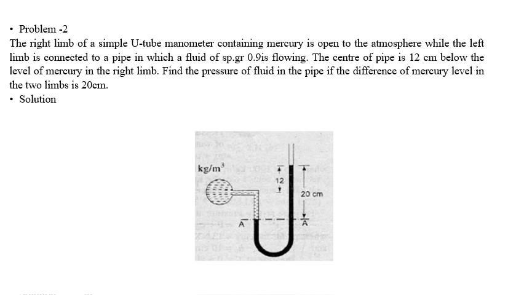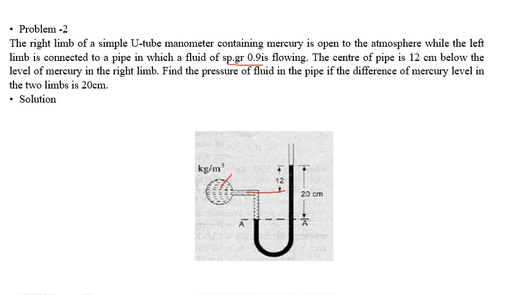The specific gravity of the fluid flowing through the pipe is 0.9. So through this pipe, a fluid of 0.9 specific gravity is flowing. The center of the pipe is here. The center of the pipe is 12 centimeter below the level of mercury in the right limb.